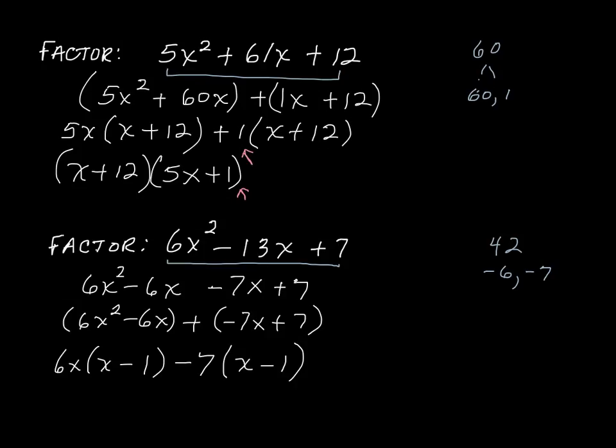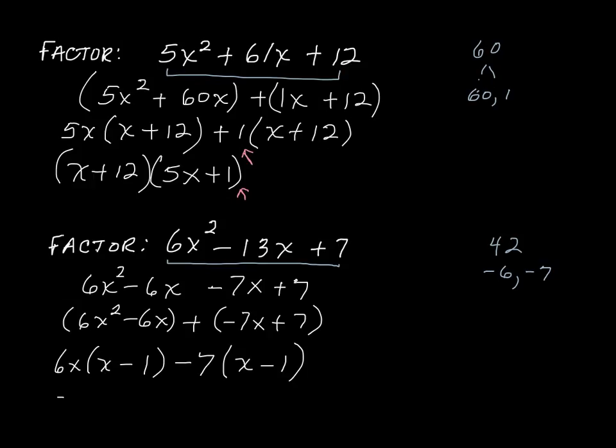Okay? Take a minute and look at that to make sure you understand what I did. I factored out a negative 7, which made the x become positive, and when we divided out that negative 7, that left us with a negative 1.